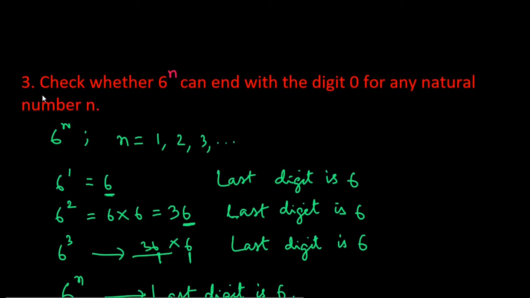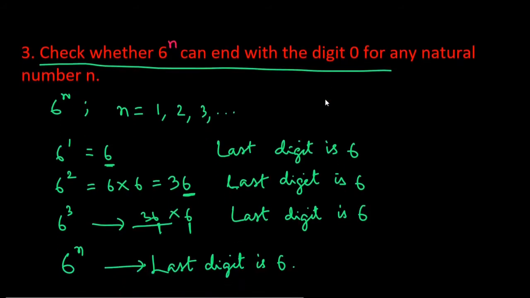So check whether 6 power n ends with digit 0 for any natural number. For all the natural numbers, it ends with only 6 but not 0. So there is no value of natural number n for which 6 power n can end with the digit 0.